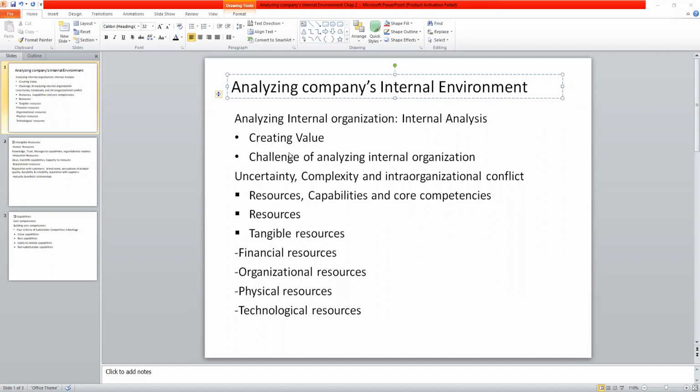Now, what is basically a value? A value is measured by a product's performance characteristics and by its attributes for which customers are willing to buy. That's why today most of the companies think of advertising, trying to portray the value attached, the benefits attached to the offering, so that the customer understands what exactly is the bundle of products or the bundle of attributes that the company is offering to the end customers.